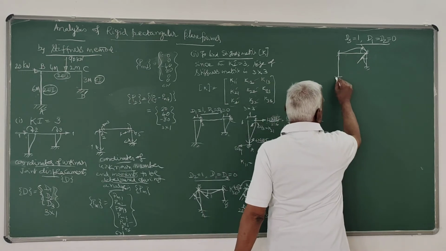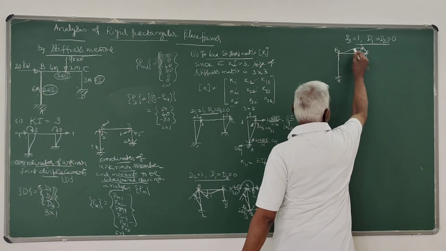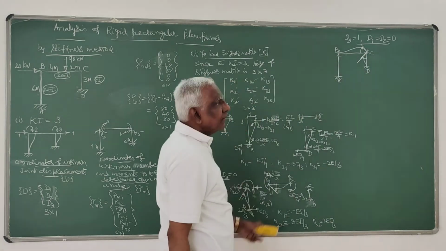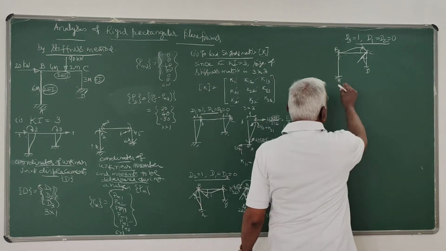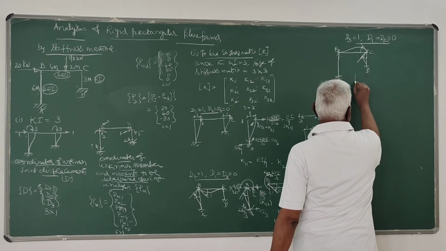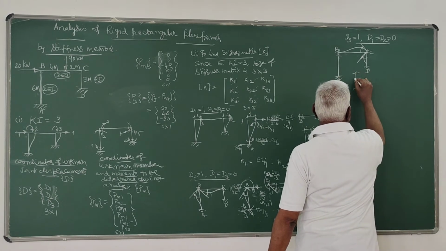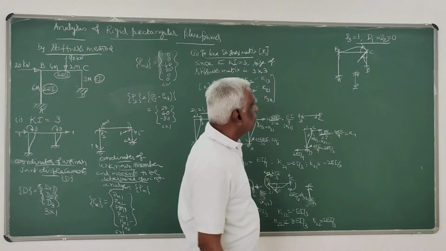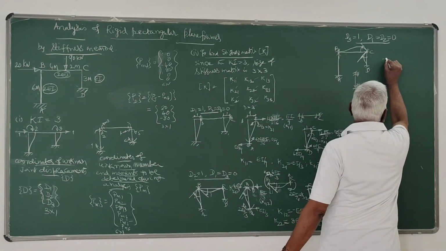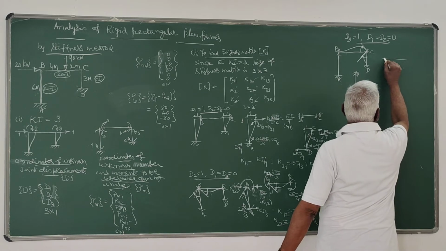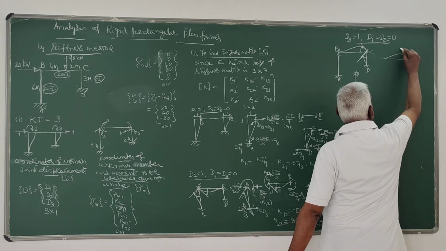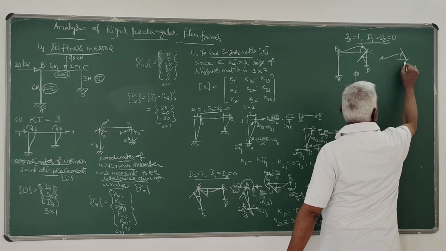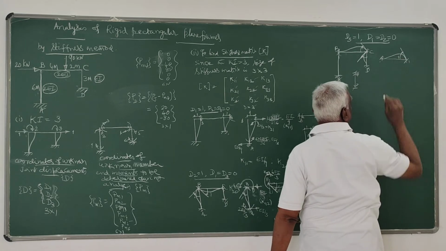The affected members are BC and CD. Only these two are affected by giving this displacement. AB is not affected at all, so there is no force developed. Only BC is affected like this, which has displaced by the unit displacement.